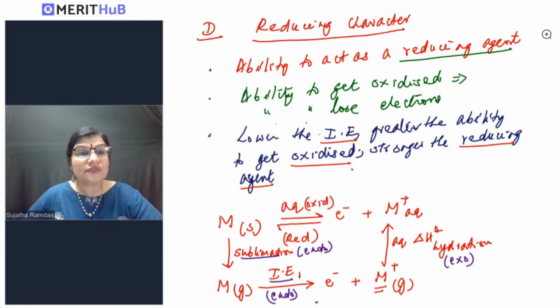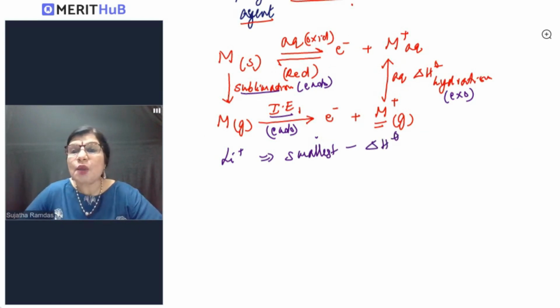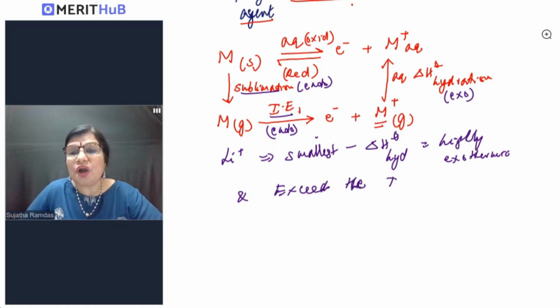In the case of lithium, the lithium ion being the smallest, its hydration enthalpy will be so highly exothermic that it exceeds the magnitude of ionization enthalpy 1 plus sublimation or atomization enthalpy.